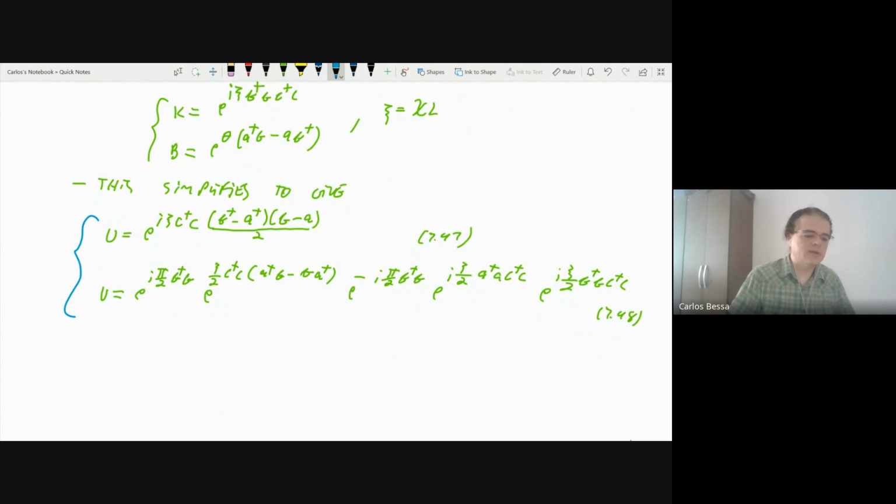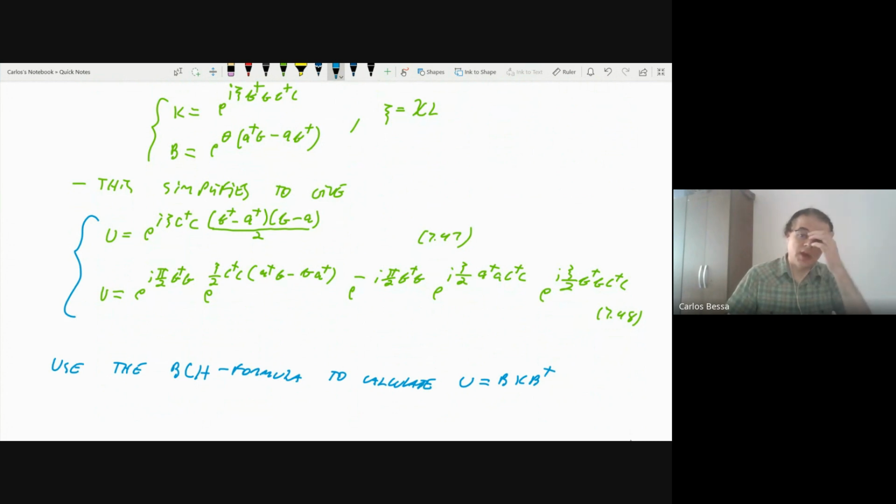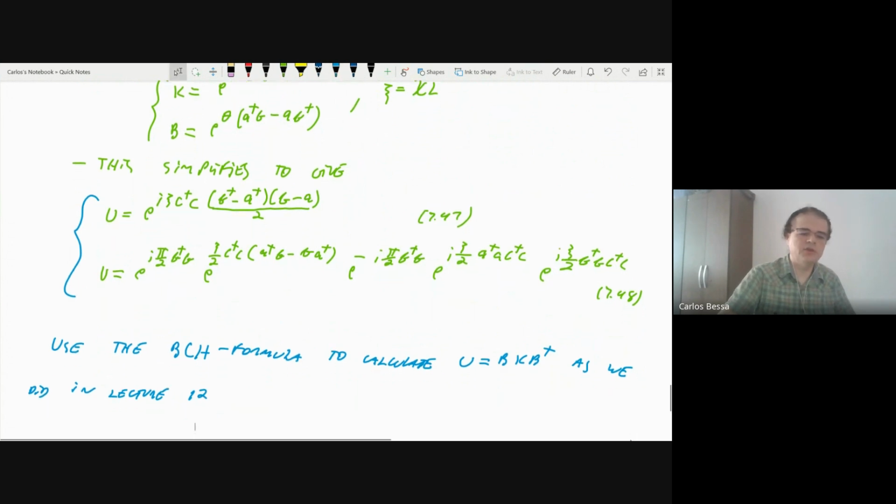So you can use the Baker-Campbell-Hausdorff formula to calculate U B K B dagger, as we did in lecture 12, page 7.